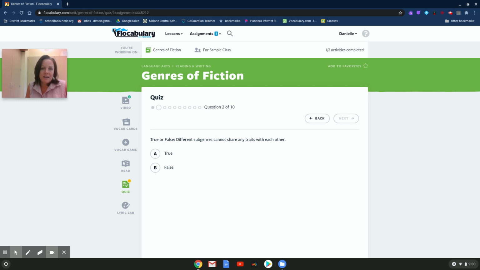They said that fantasy has things that cannot happen in real life, like witches and wizards and so on. But could they have some traits that are the same, like characters that are believable? Could they have common settings, that type of thing? Yes, they absolutely can. So different subgenres can. So this would be false because it's saying cannot.